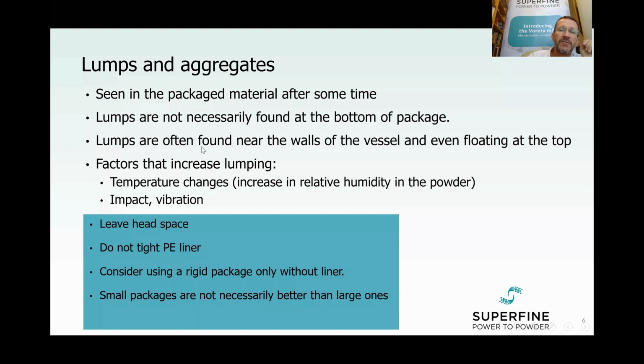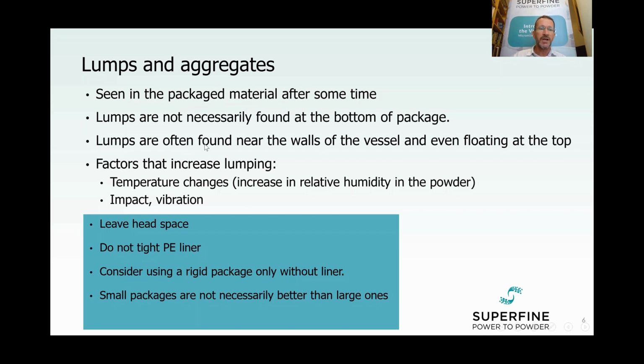We will often find them around the walls of the vessel, of the package, and even floating at the top. And this is for two reasons. First of all, as I said, the polyethylene liner is creating the pressure also from the top, but also we'll see later that aggregates can be levitated and flowing up to the top of the package.